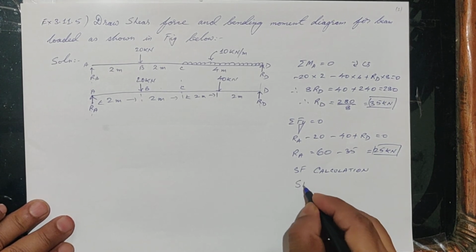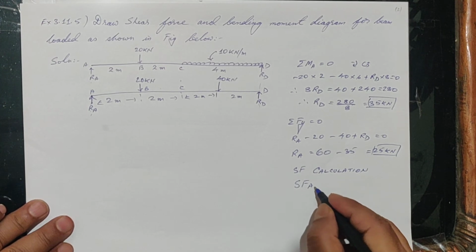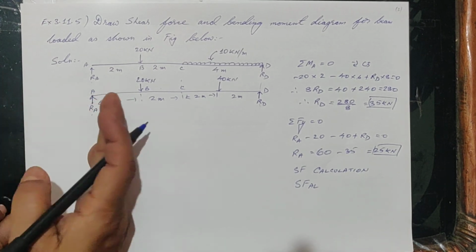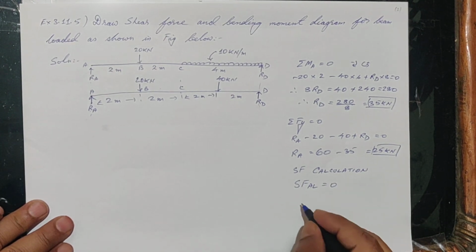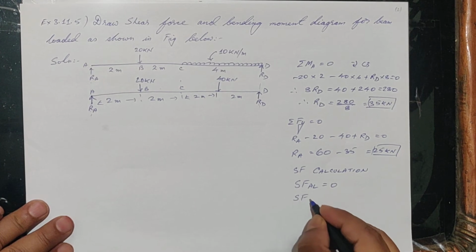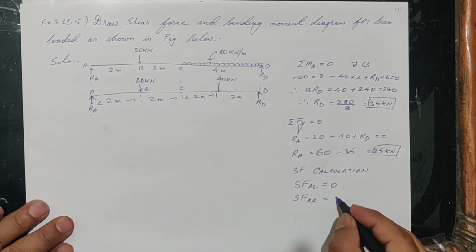SF at A left, we will take to the left hand side of A. There is no force on the left hand side of A, so that will be 0. SF at A, right hand side. Right hand side we have got RA, so that has to be considered, that is 25.